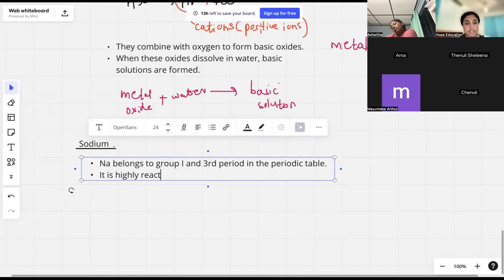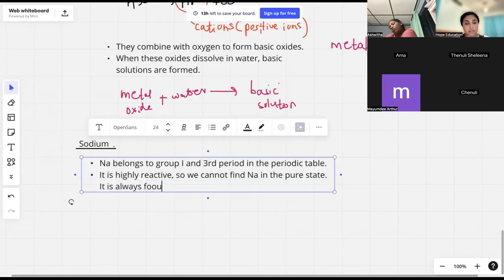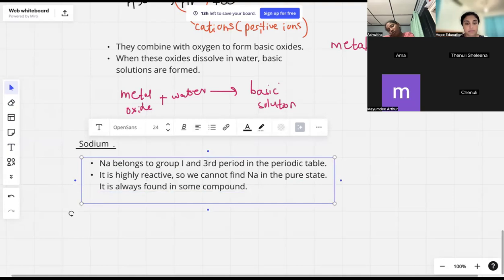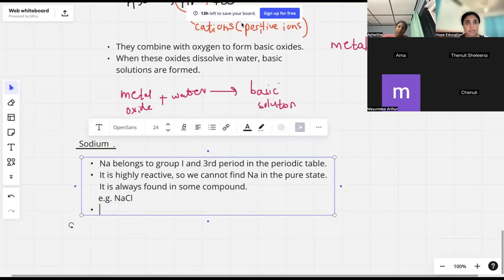It is highly reactive, so we write it. Yes, write it.